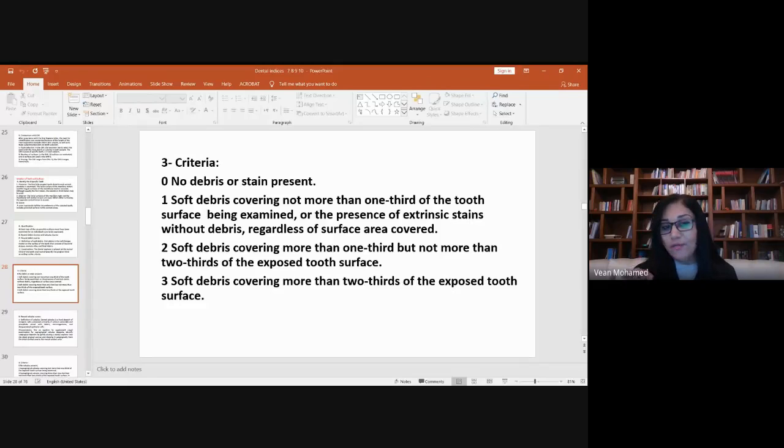What do we have? Soft debris. Yes. Don't forget: soft debris covering more than 1/3 but not more than 2/3. Good. 3? If we have 3 soft debris, that means all the thirds, more than 2/3. Yes. Very good. Do all of you understand that one?